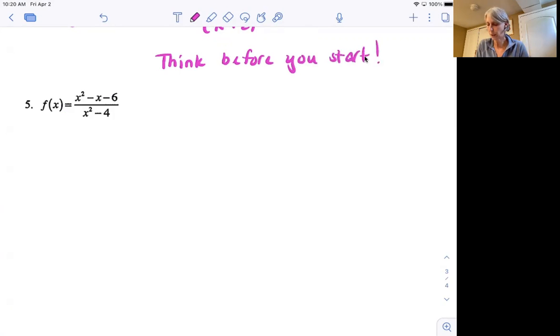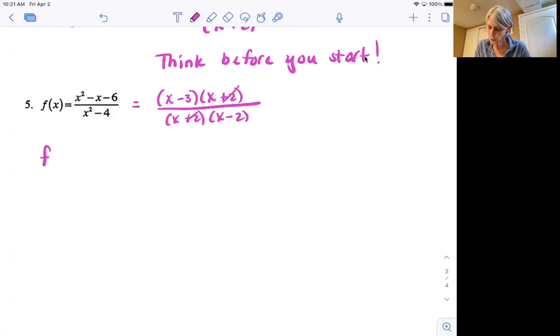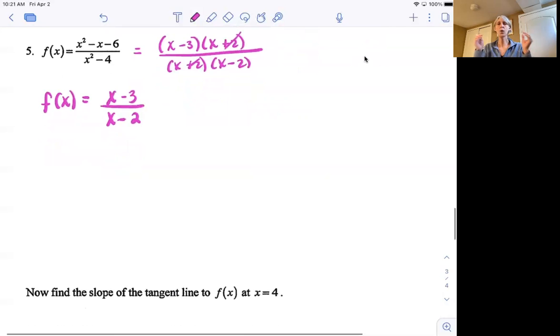If you can, do it: x minus 3, x plus 2 over x plus 2, x minus 2. So I'm really taking the derivative of that. Otherwise you would just have a lot more to clean up algebraically after.